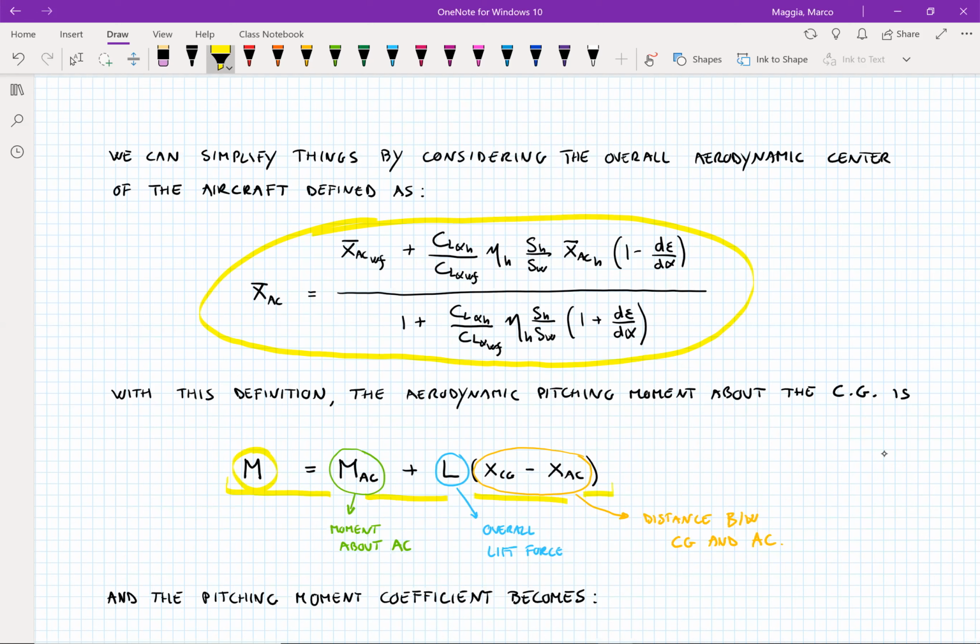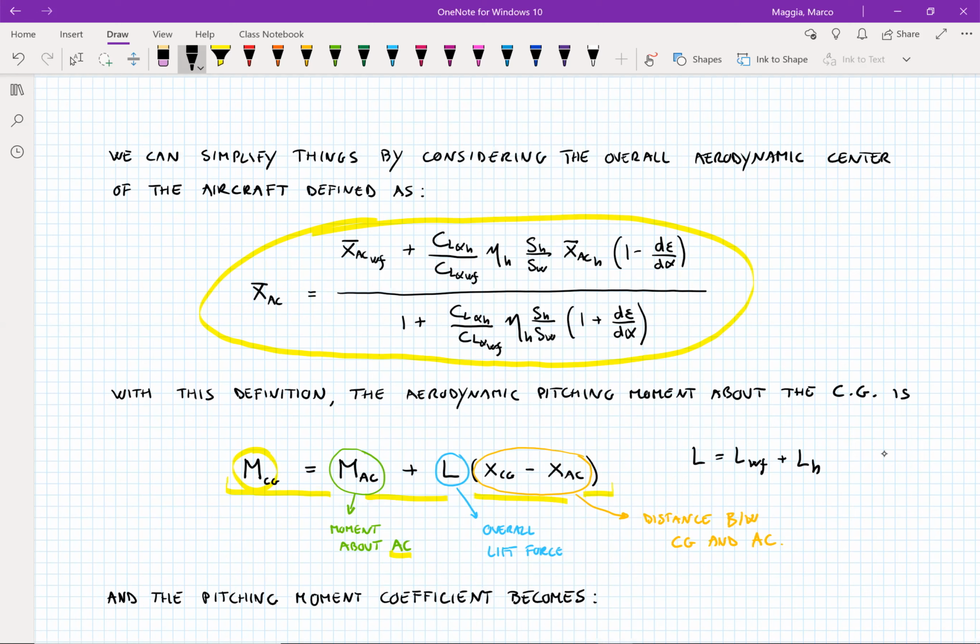So the overall aerodynamic pitching moment about the center of gravity, and it's always with respect to the center of gravity, is the pitching moment about the overall aerodynamic center of the airplane plus the overall lift force, which is obviously the sum of the lift generated by the wings and the fuselage and the lift generated by the horizontal tail.